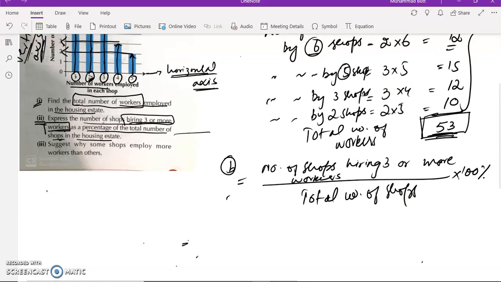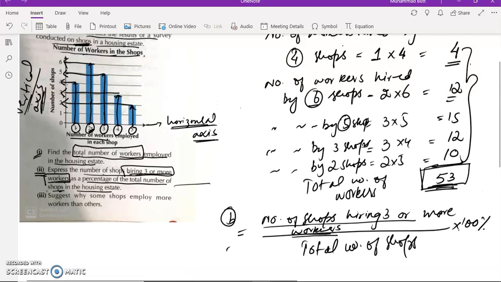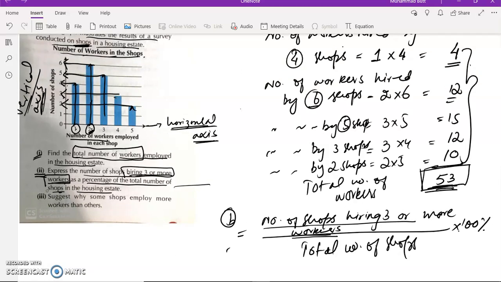Now in order to calculate the percentage, we should know the number of shops hiring 3 or more workers. How many shops are hiring 3 or more workers? We can look at the graph. We can see that 3 workers are employed by 5 shops, then 4 workers are employed by 3 shops, and then 5 workers are employed by 2 shops.